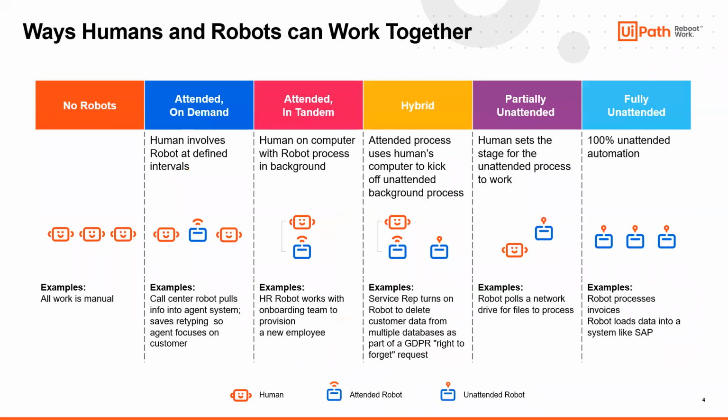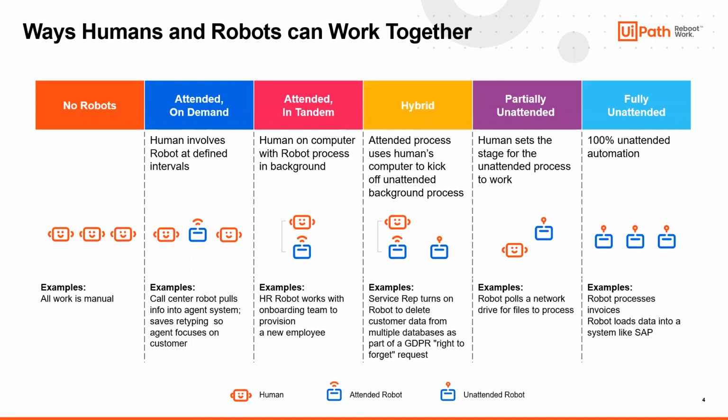And when it comes to humans and robots working together, we have a number of scenarios, and all of these scenarios are implemented by our partners and our customers, depending on the use case they are automating. So you can see we have a scenario where no robots are involved. In this case, of course, all the work is manual and users have to handle it themselves.